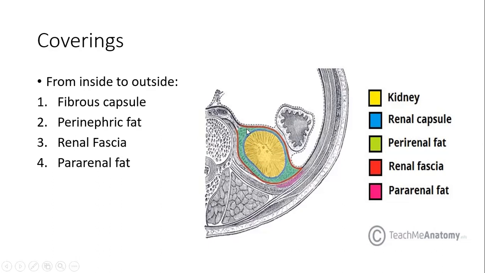Further outside it is the perirenal fat, and more outside it is the renal fascia, here highlighted in red color. And further outside, more obvious on the posterior aspect of the kidney, is the pararenal fat.